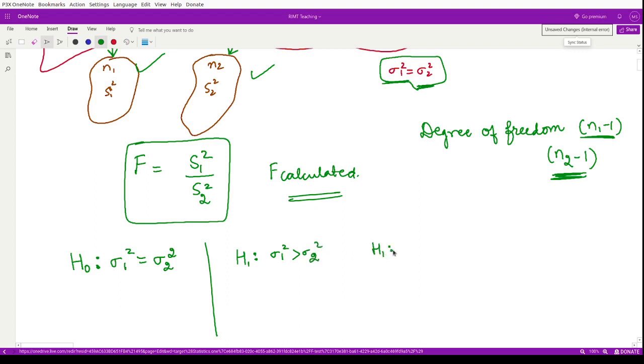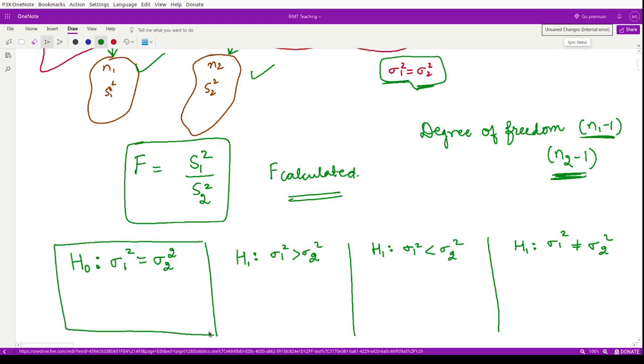In the second case, we say that the second variance is greater than the first variance, that means the first variance is less than the second variance. And in the third case, we say that they are not equal to each other, so we check the inequality. These are the conditions that you may have. The null hypothesis would be fixed in every case.